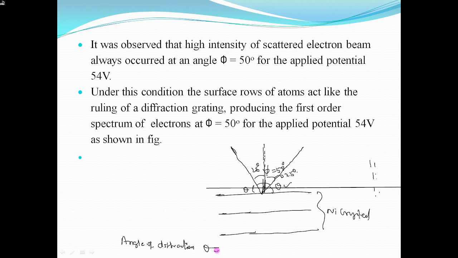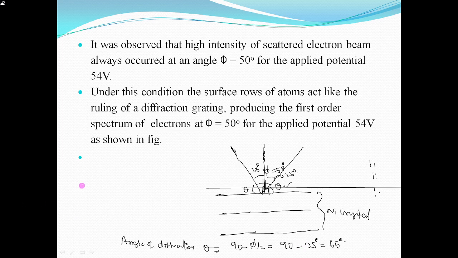This is 90 degrees and this angle is 25 degrees, so theta is 90 minus 25 degrees, which is 65 degrees. So the angle of diffraction theta is 65 degrees.